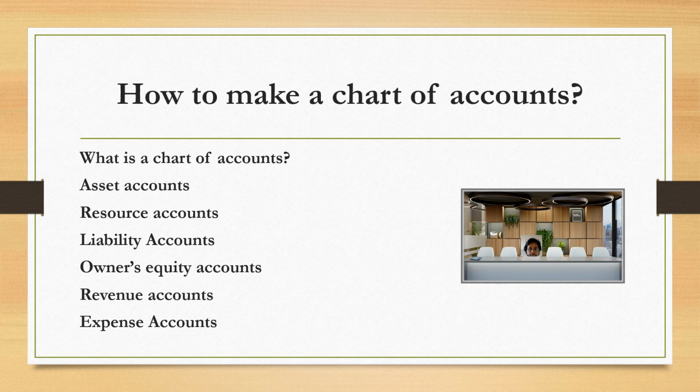Expense accounts. The expense account is the last classification in the chart of accounts. It consists of a list of all the accounts used to capture the money spent creating income for the enterprise. The spending can be tied back to specific products or business revenue generating activities.